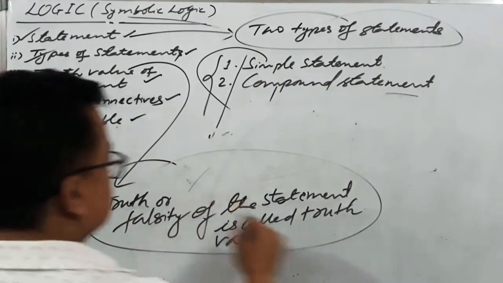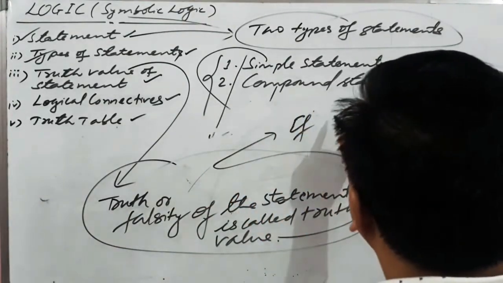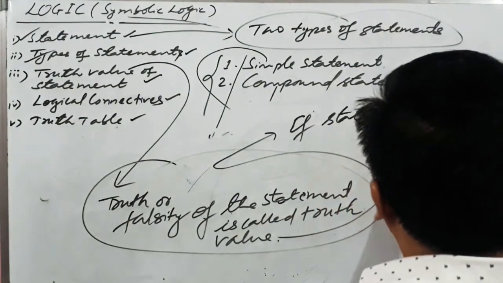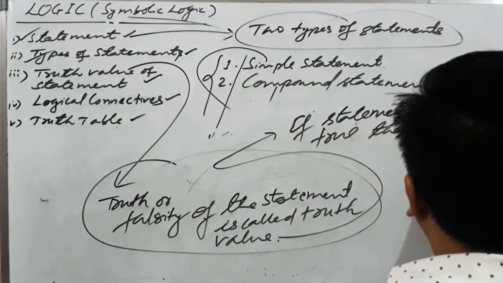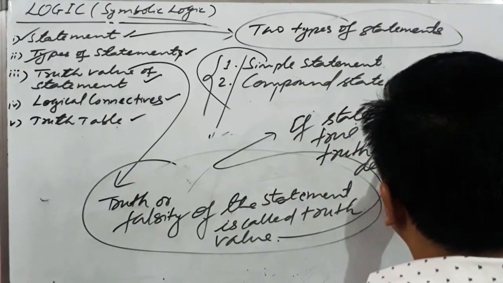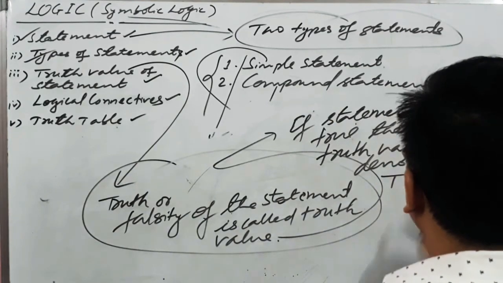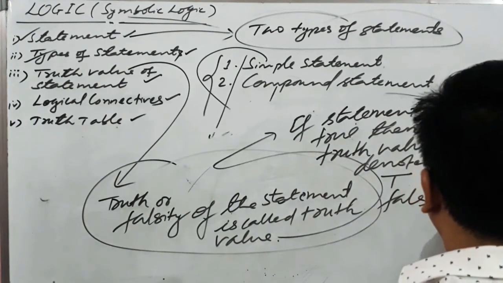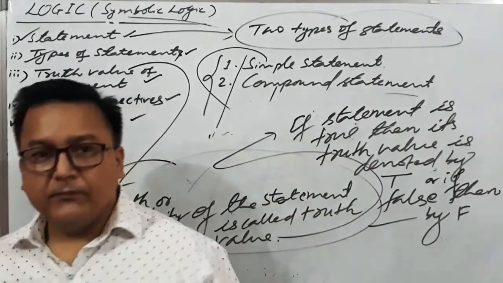Now, if the statement is true, then its truth value is denoted by capital T, or if false, then denoted by F. So simple.